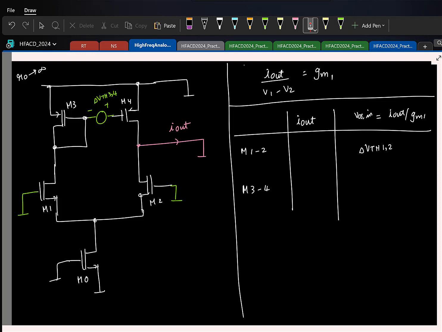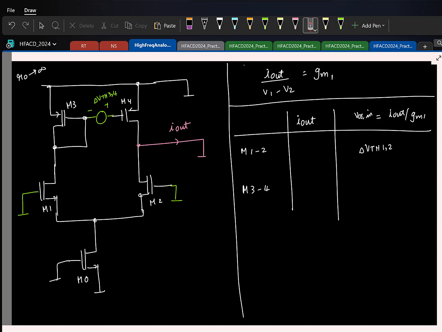If delta VTH is 0, what is the small signal current? 0. Delta VTH is 0, this is 0. This is also incrementally ground, remember? No changes in any of the voltages. If there is no change incrementally, this is also 0.